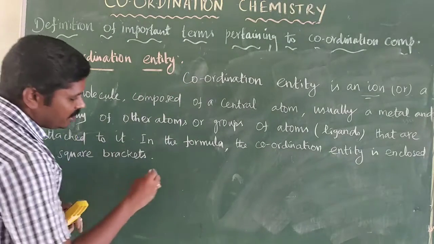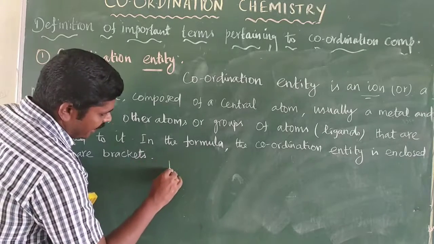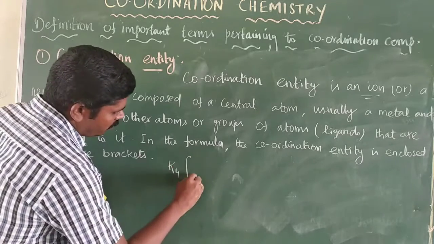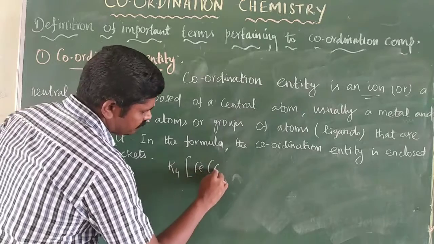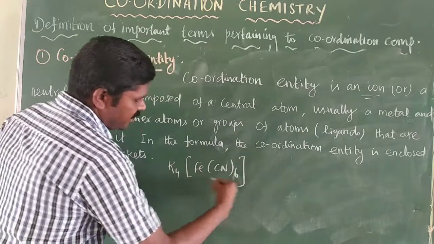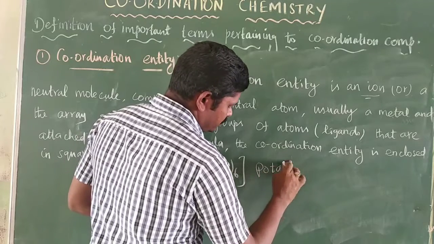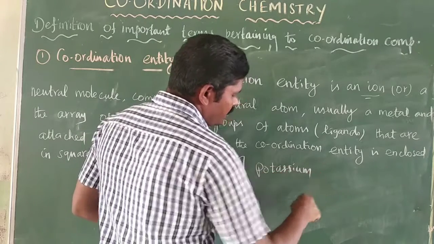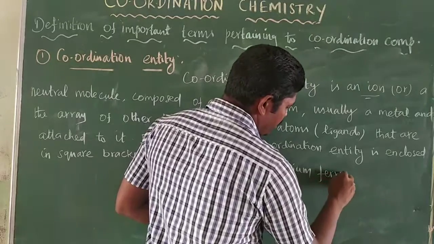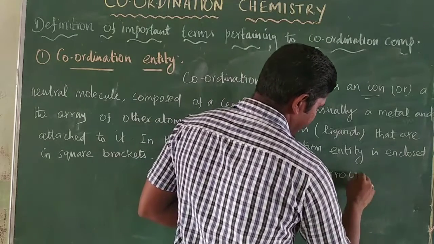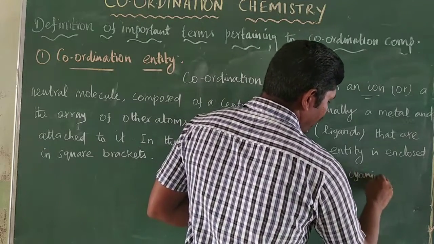For example, potassium ferrocyanide, K4[Fe(CN)6]. Potassium ferrocyanide is the common name.